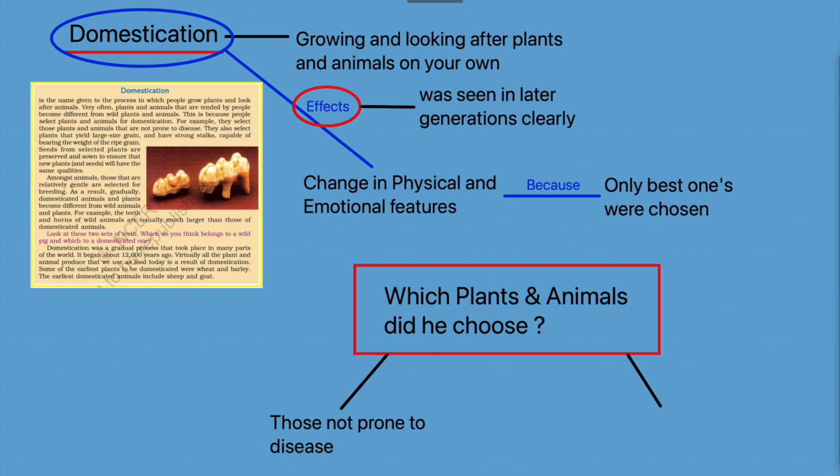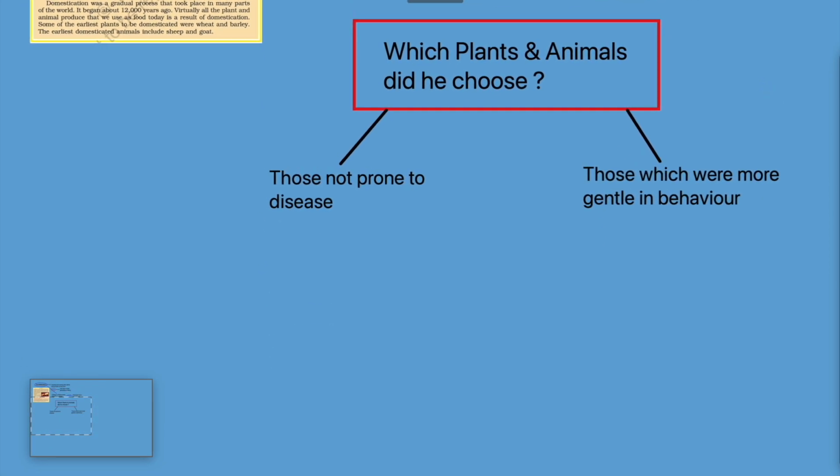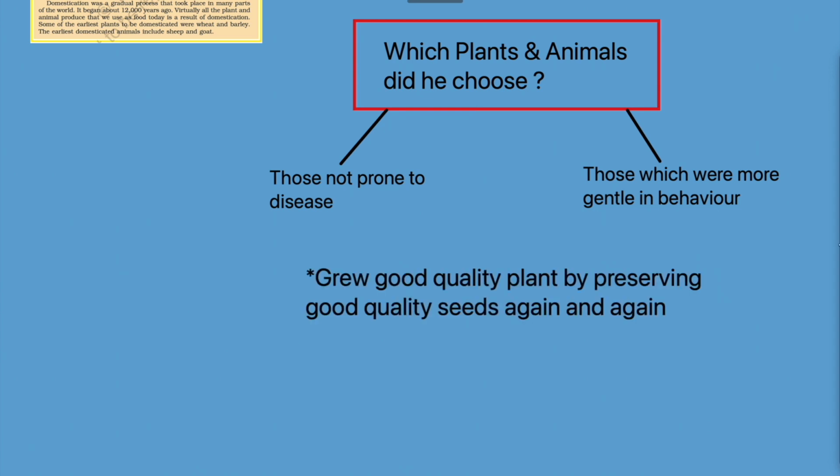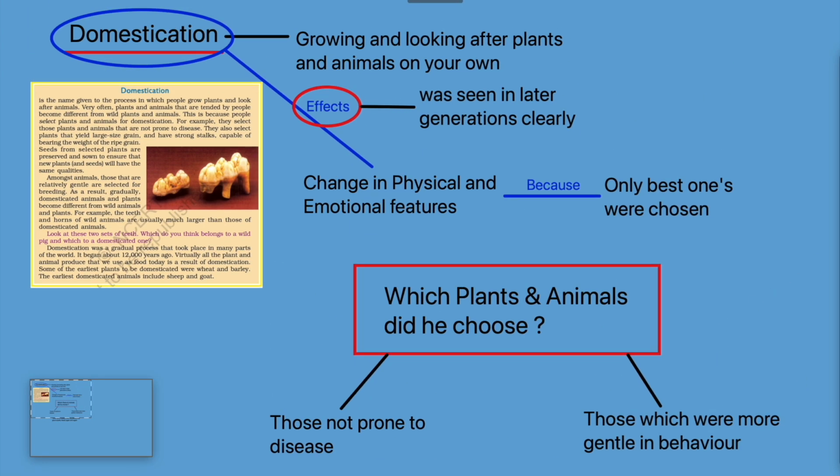They chose the gentle animals for breeding, because if the parent animal is gentle, then the child animal will have more gentle characteristics and less wild characteristics. Similarly, they preserved and used good quality seeds to grow more plants of the same quality.